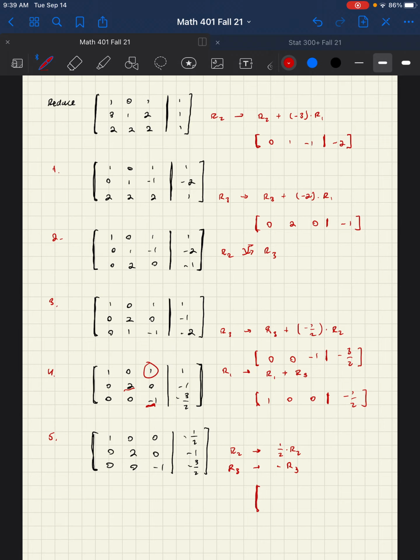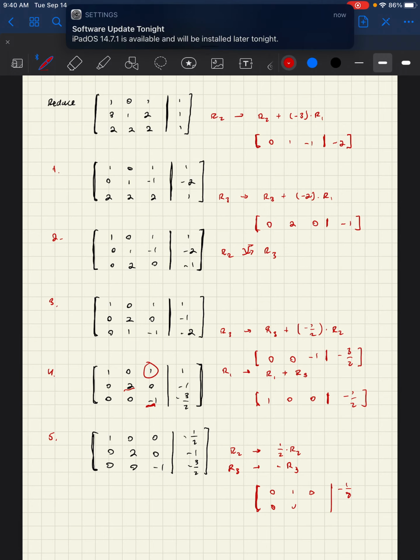What does that look like? Let's go ahead and do that. Those 2 steps together: the first one, row 2 divided by 2, gives us 0, 1, 0, negative 1/2. And then row 3, changing the signs on everything, gives us 0, 0, 1, 3/2.